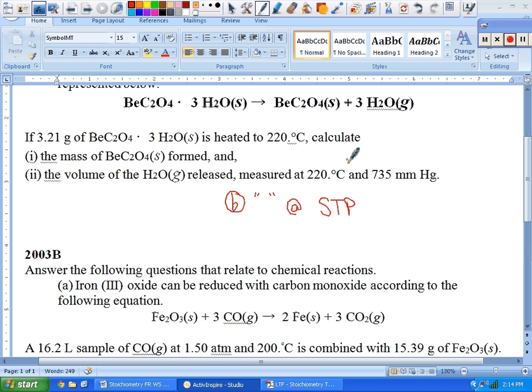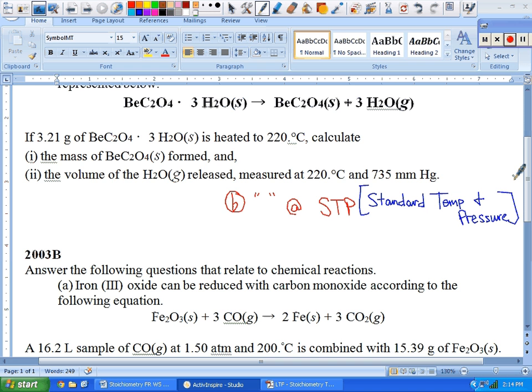The first question I have, and some of you may not know this, what does STP stand for? Standard temperature and pressure. That's what it stands for. But here's the key issue.